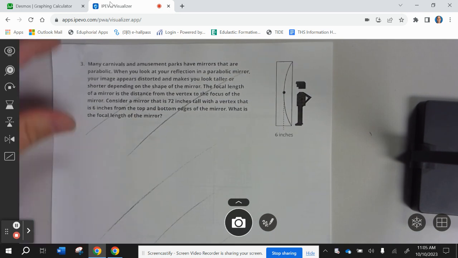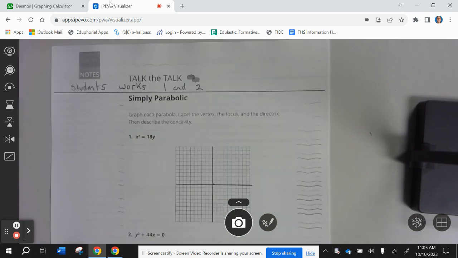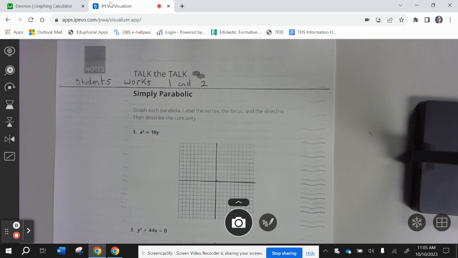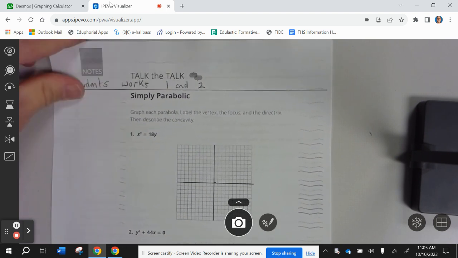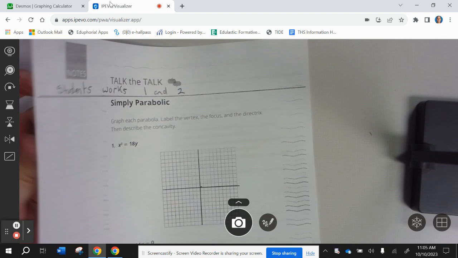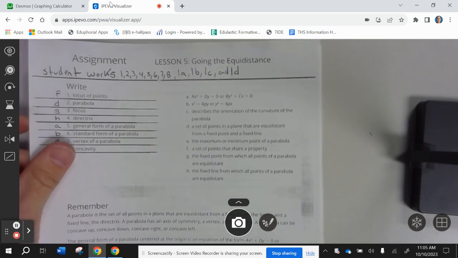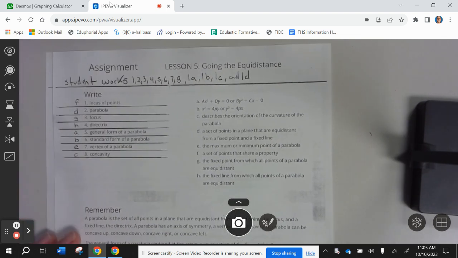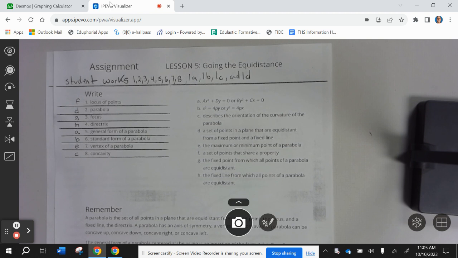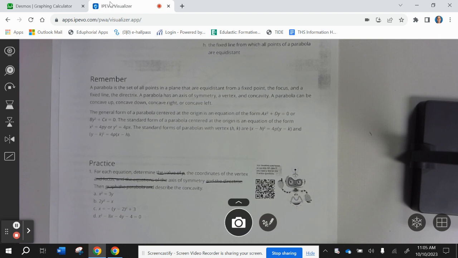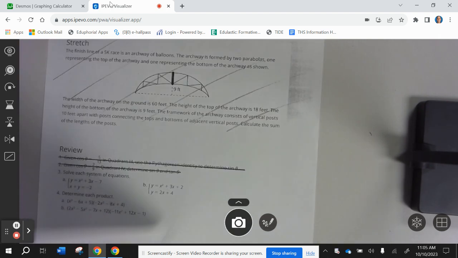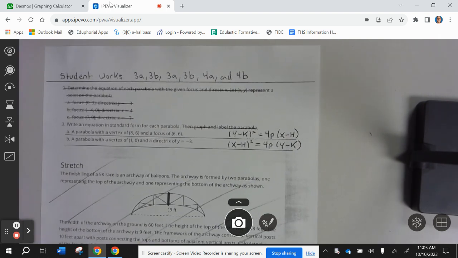Student works 1 and 2, then 1A, 1B, 1C, and 1D. And student works 3A, 3B, 4A, 4B.